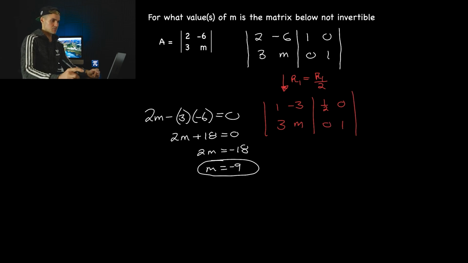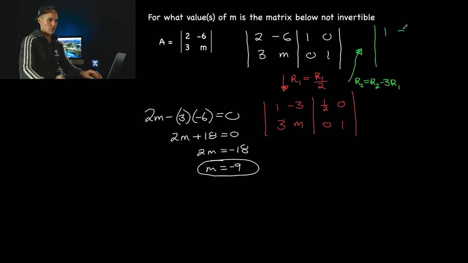Then what we want to do is change this 3 here to be a 0. So let's actually do it up here. The new row 2 is going to equal the old row 2 minus 3 times row 1, right? And so the first row is going to stay the same.